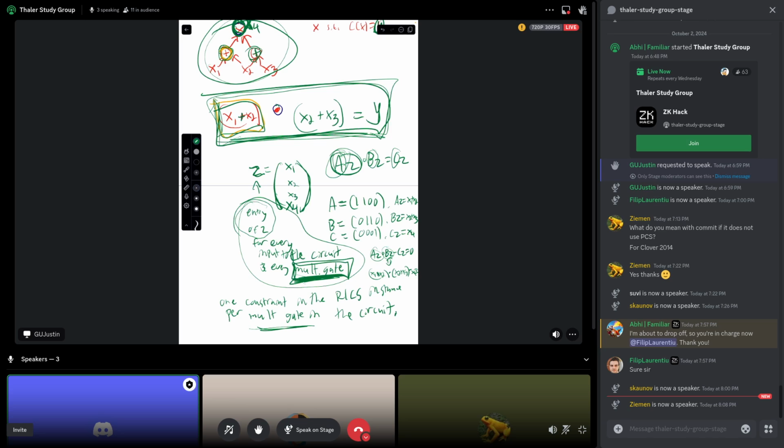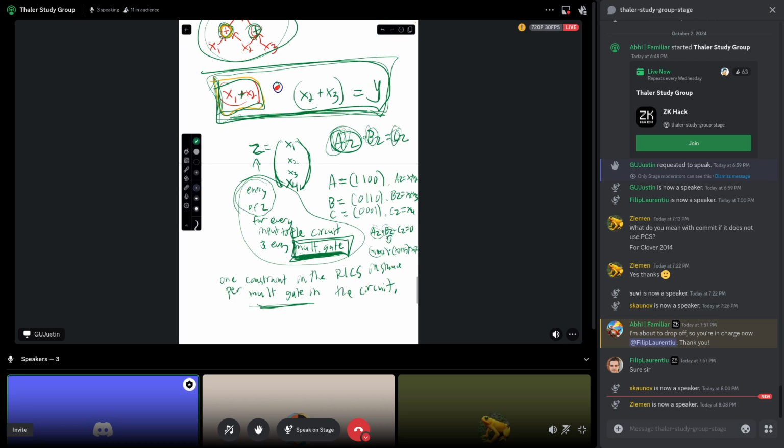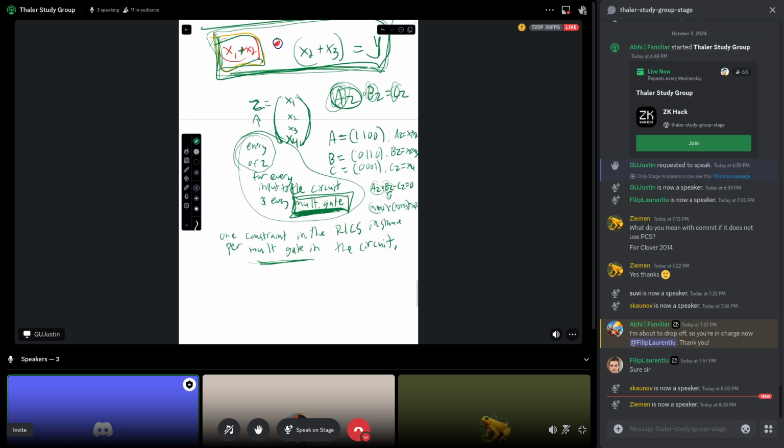In Spartan and Groth16, the prover only pays for constraints. In PLONK and Marlin, the prover pays for any non-zeros in the constraint matrices A, B, and C. This is more in the weeds than we really needed to get, so just ignore what I said if you didn't follow it.